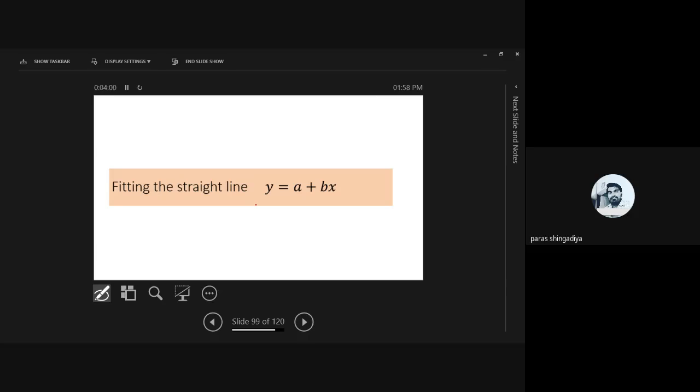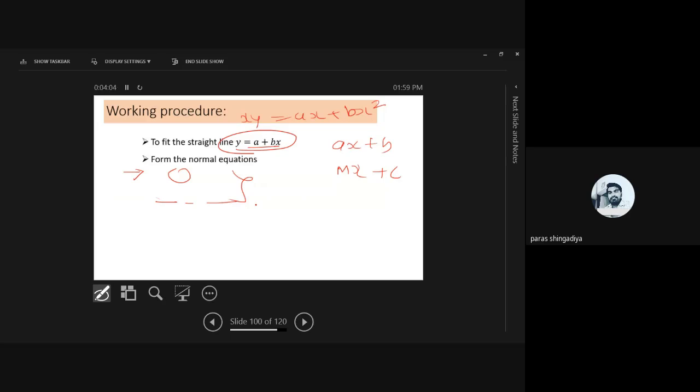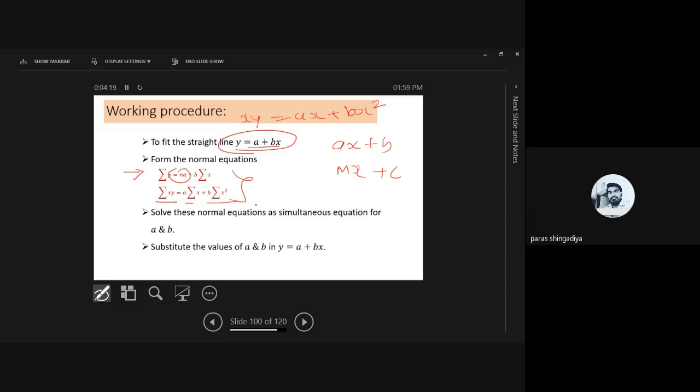And then we discussed the form y is equal to a plus bx, and here is the procedure to predict that a plus bx form. How can we define the normal equations? How can we define the first equation? Does anyone have an idea?